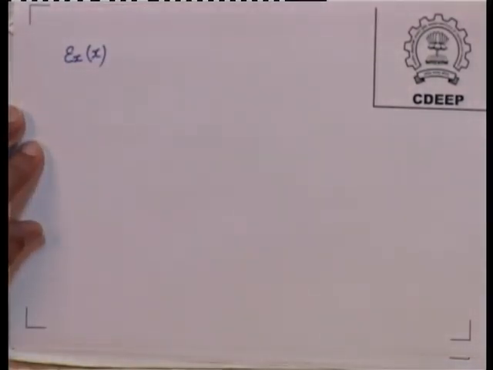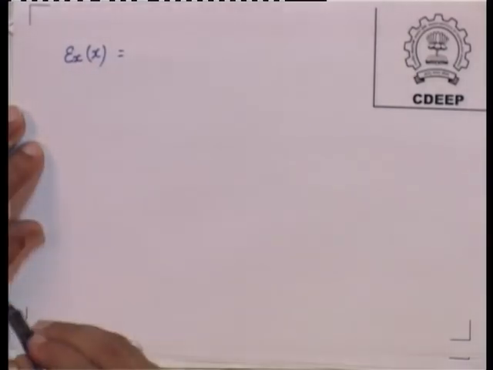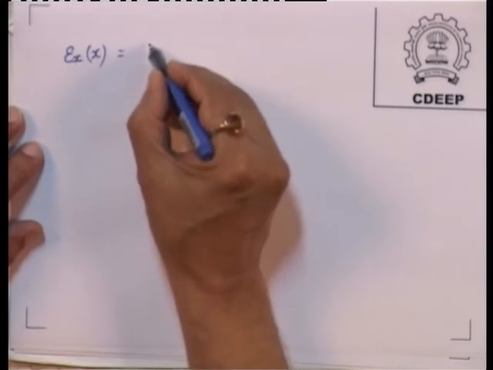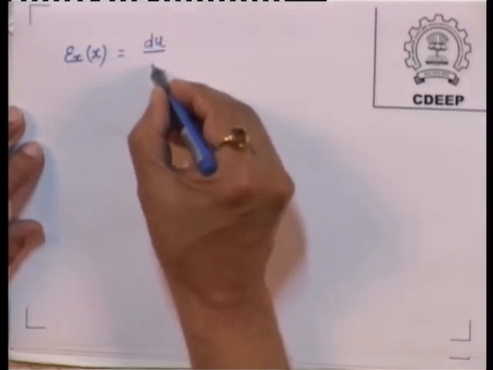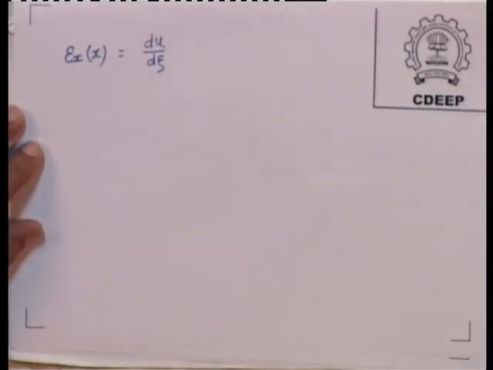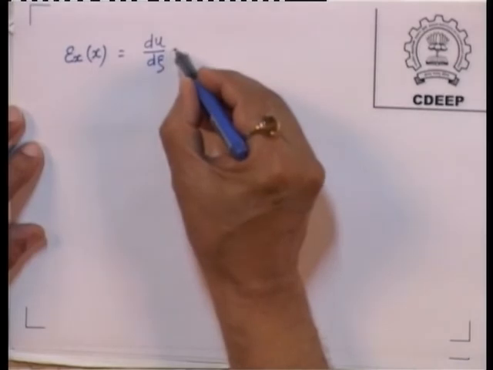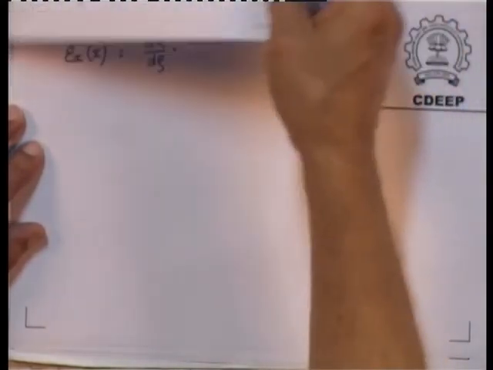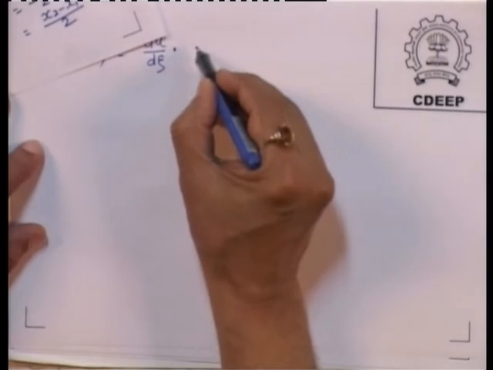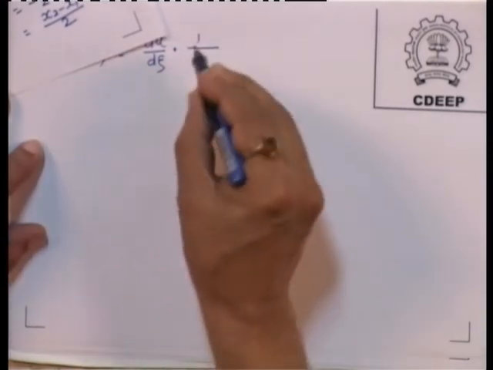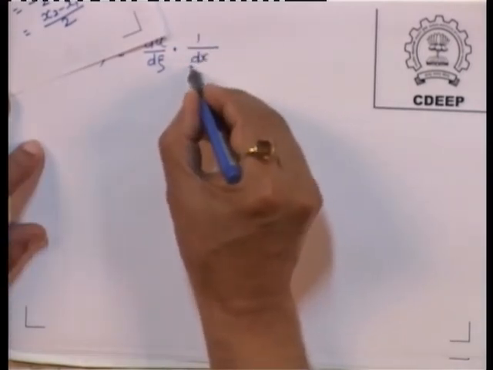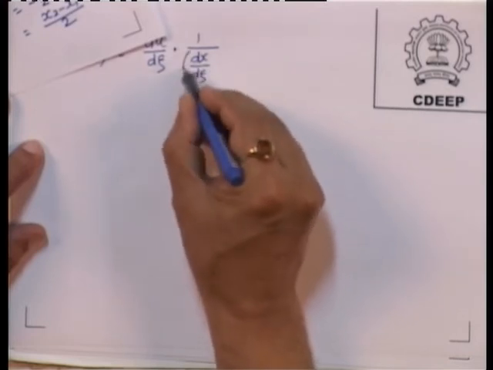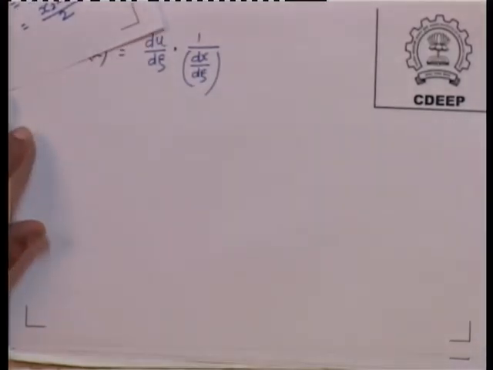If you want to find out this as a function in terms of x, then it is du by d psi in local coordinate, the derivative of u with respect to psi, because you have defined u in terms of psi now, multiplied by 1 divided by dx by d psi.